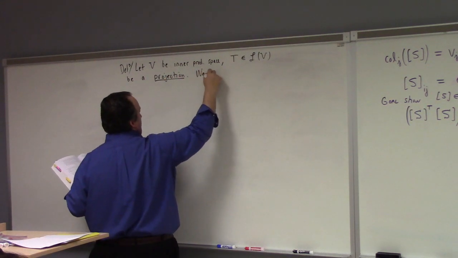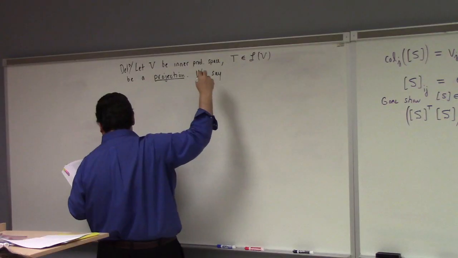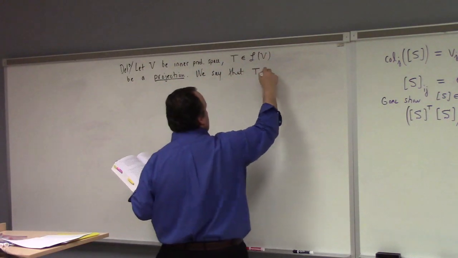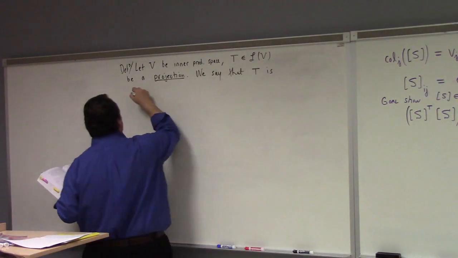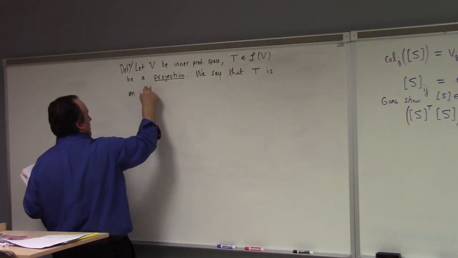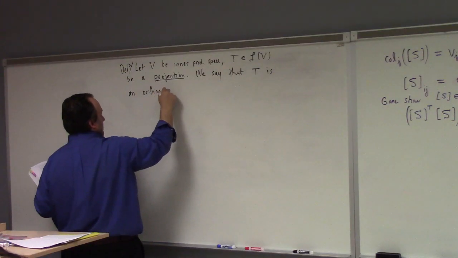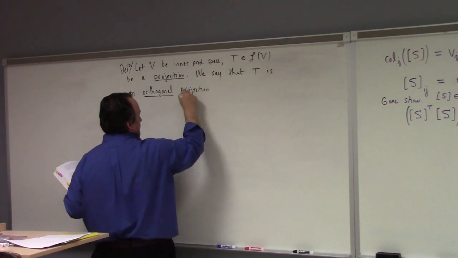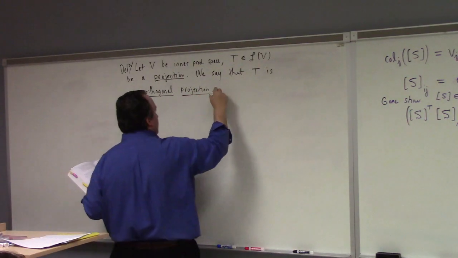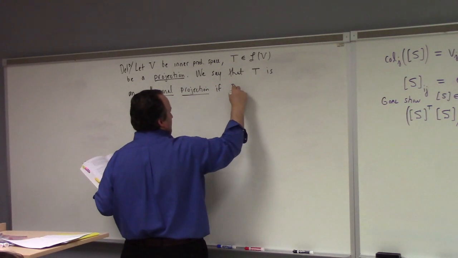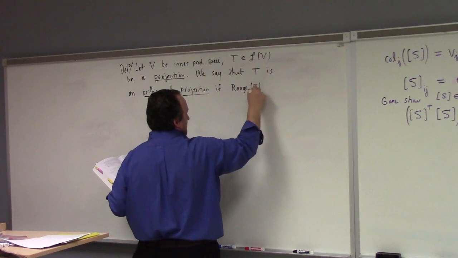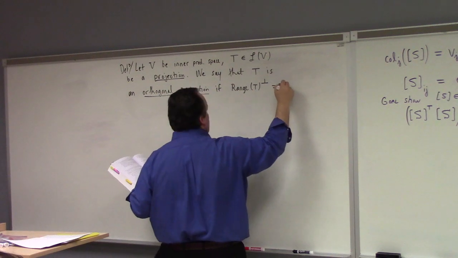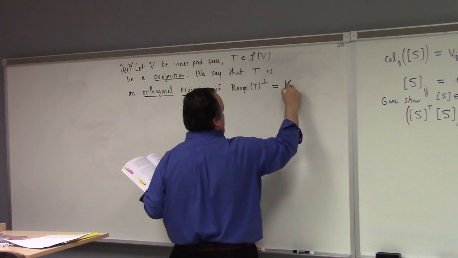We say that T is an orthogonal projection if the orthogonal complement of the range of T is equal to the kernel of T.